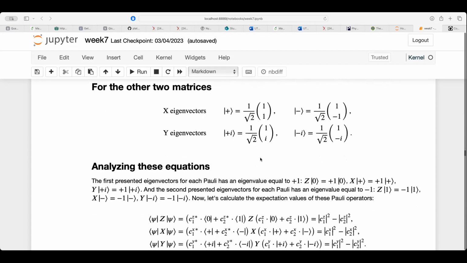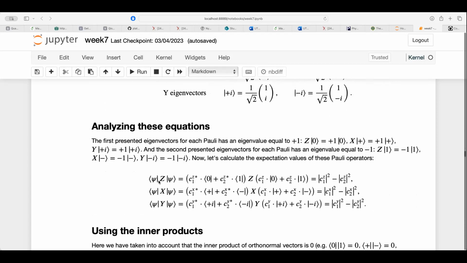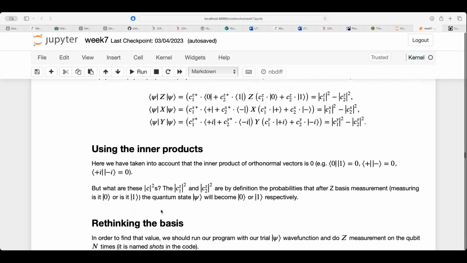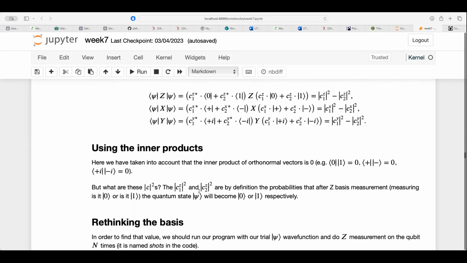So when you analyze this, when you perform these operations, this is typically what you get. You get this coefficient, that's the expectation value of the Pauli Z, the Pauli X, and the Pauli Y. When you use these inner products, the problem is that they are the probabilities that after the Z basis measurement the state is in 0 or 1.